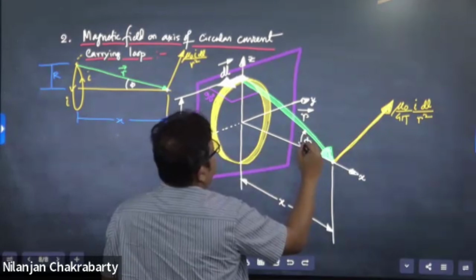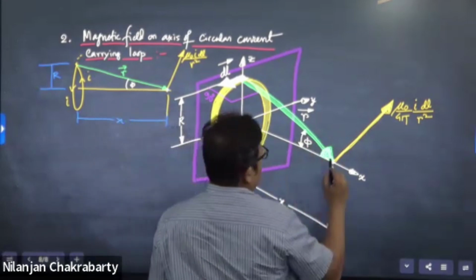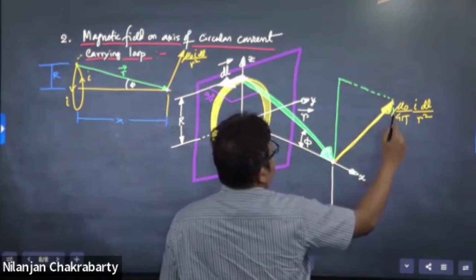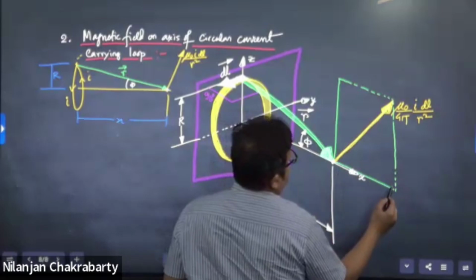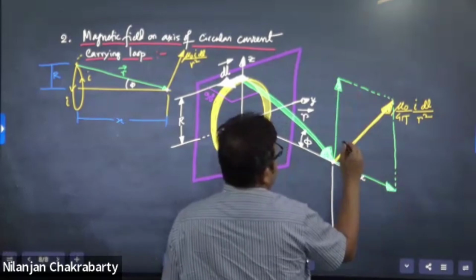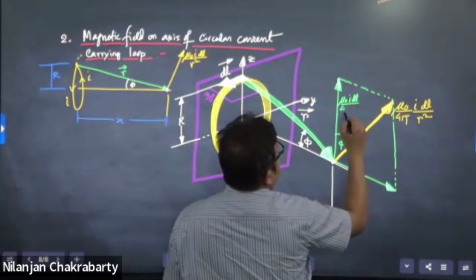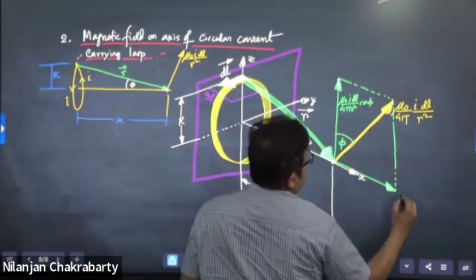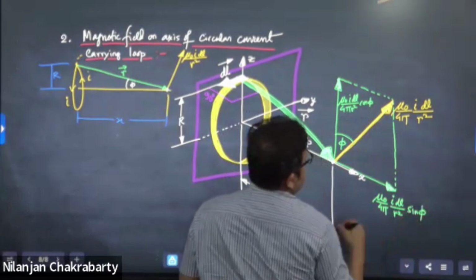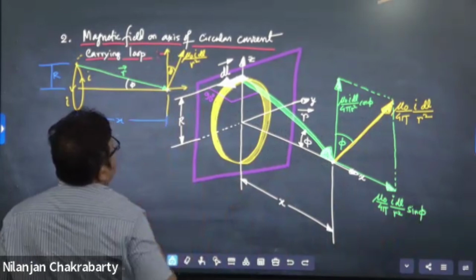Yes, this angle is phi. Here if we look, this angle is also phi, right? So the component is mu 0 I dl by 4 pi r square cos phi, and this is sin phi, mu 0 by 4 pi I dl by r square times sin phi. This upper one is cos phi, and this one is sin.